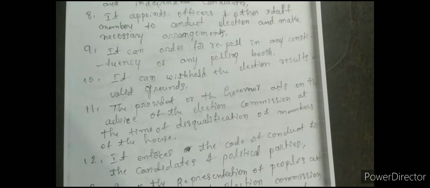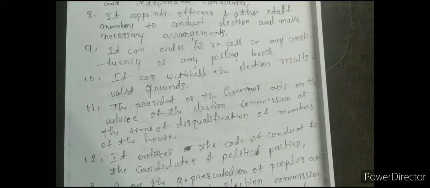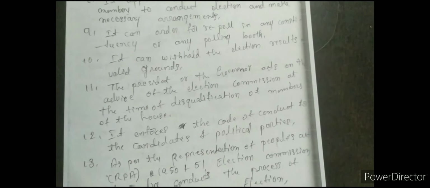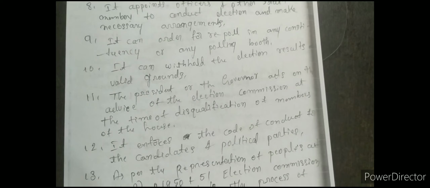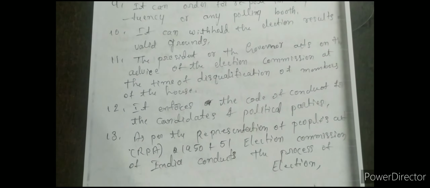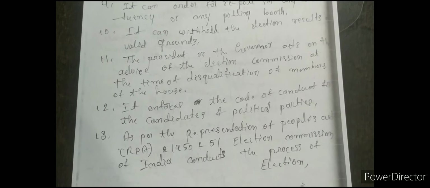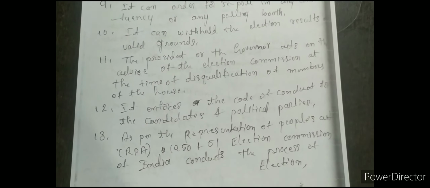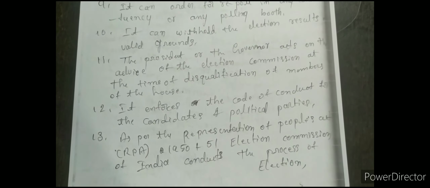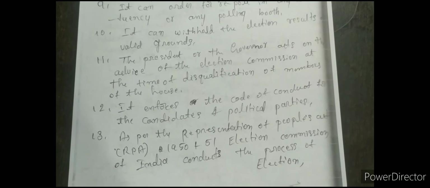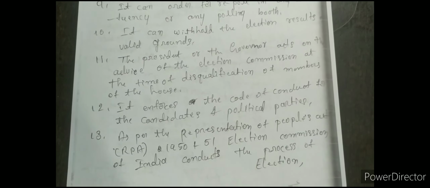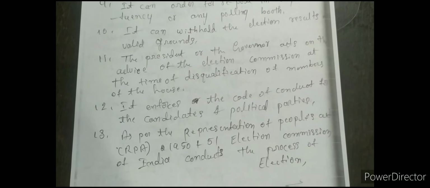Eleventh, the President or the Governor acts on the advice of the Election Commission at the time of disqualification of members of both Houses of Parliament and both Houses of the state legislature.